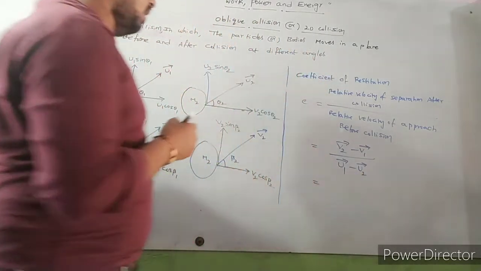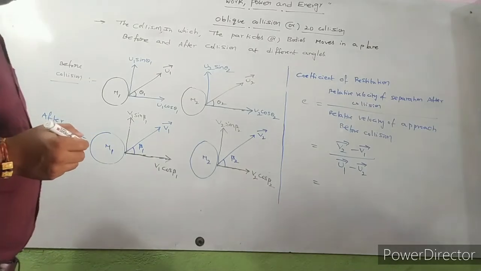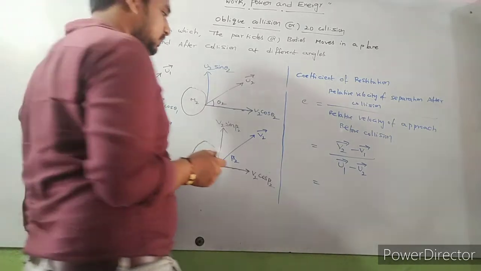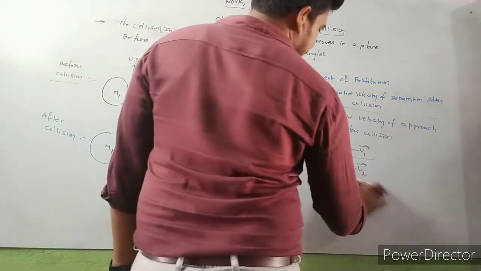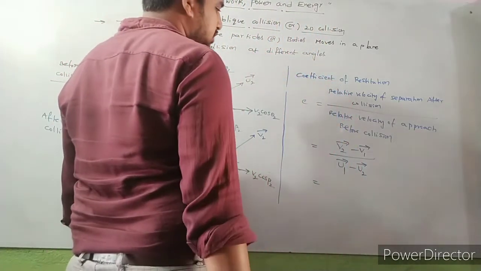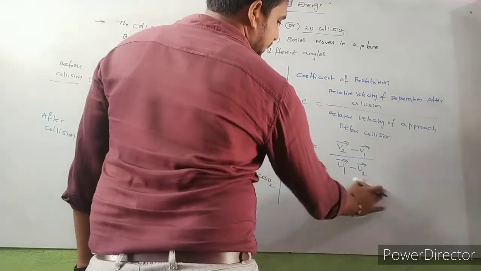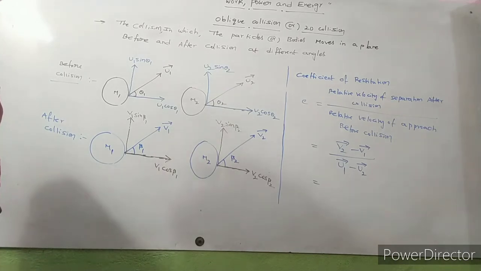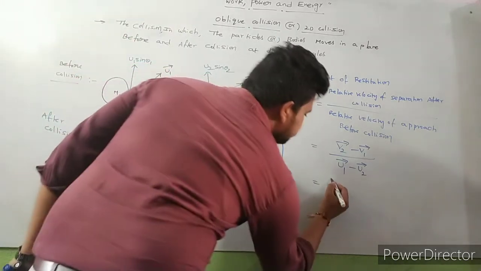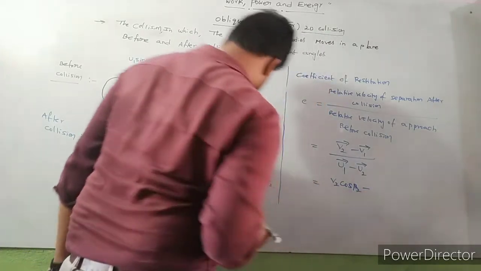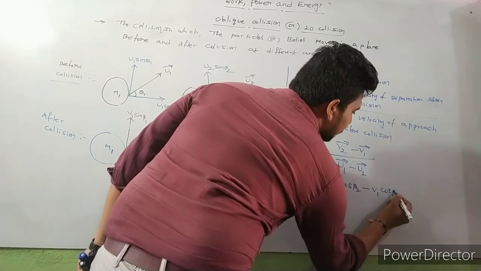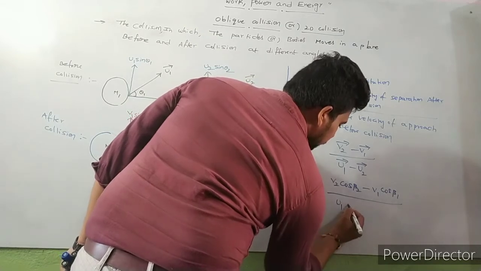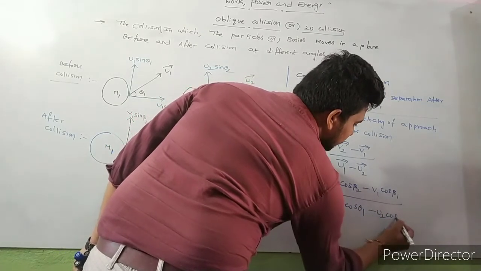In the x direction, observe carefully, we get e equals v2 cos beta2 minus v1 cos beta1, divided by u1 cos theta1 minus u2 cos theta2.